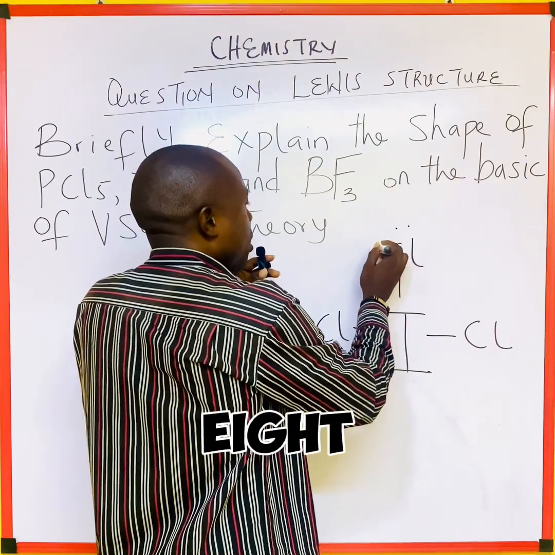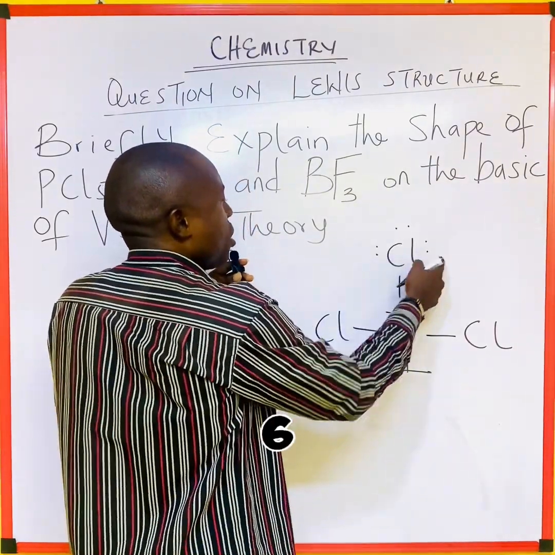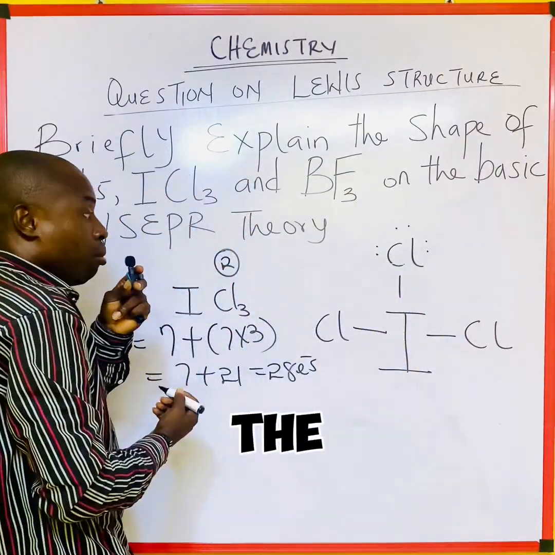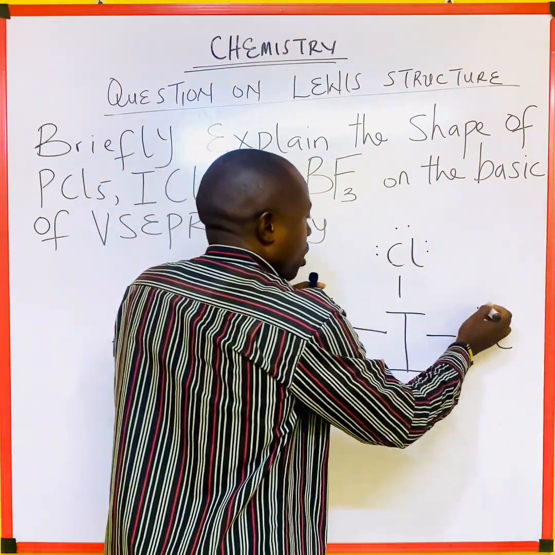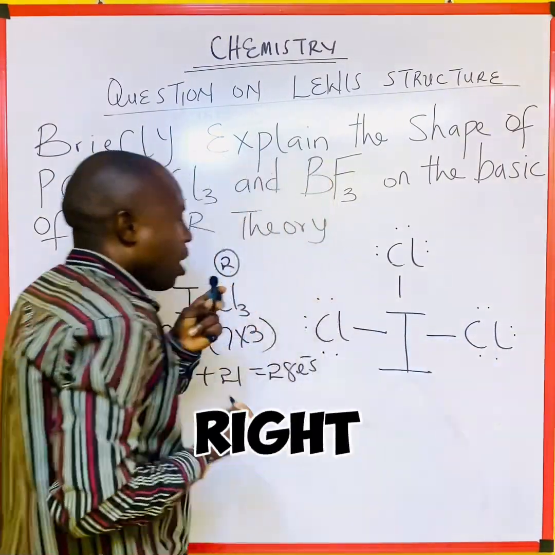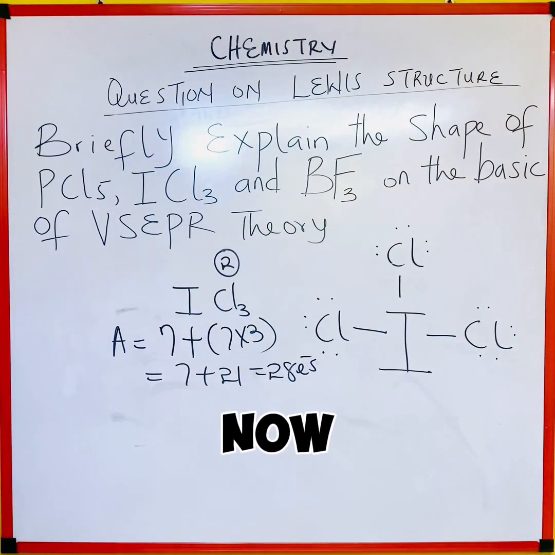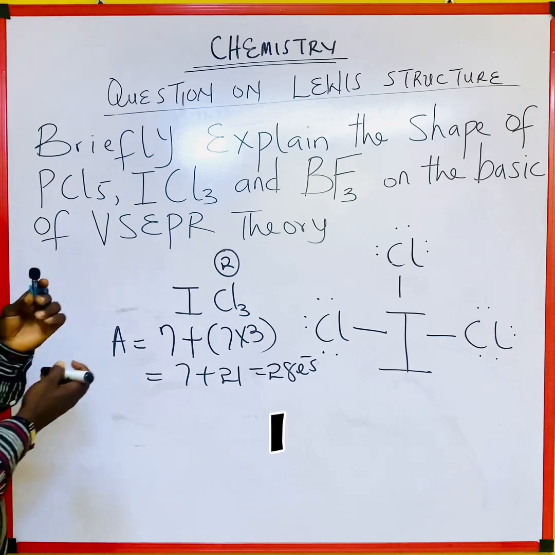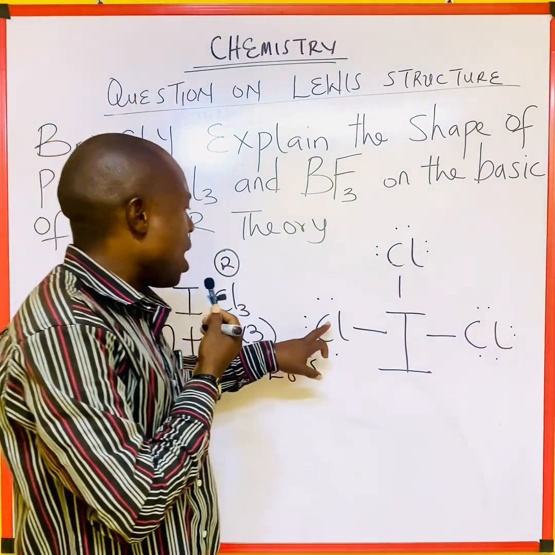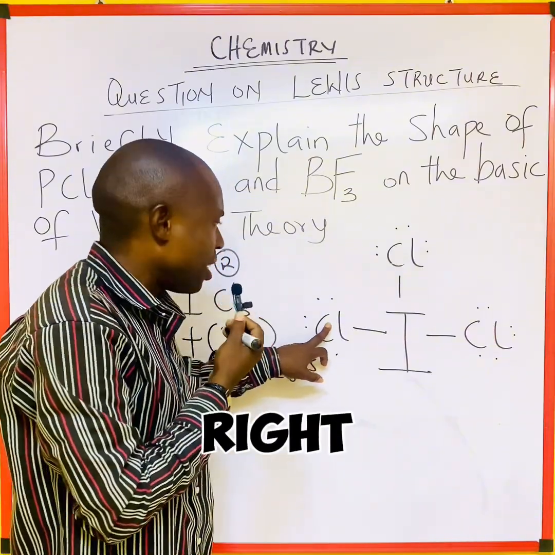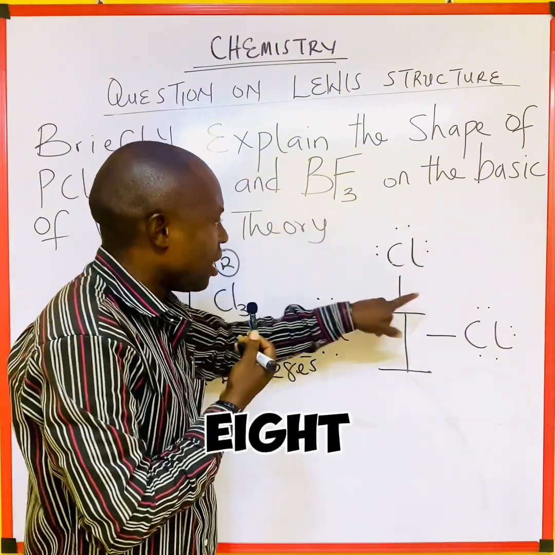When I give it single bonds, I will then complete the octet. Here will become 8, which is 2, 4, 6, plus the bond pair. The same thing goes here and there. Now, what next are we to do? I ask myself, here is 8, here is 8, here is 8.